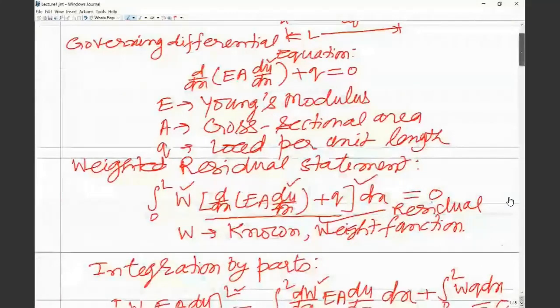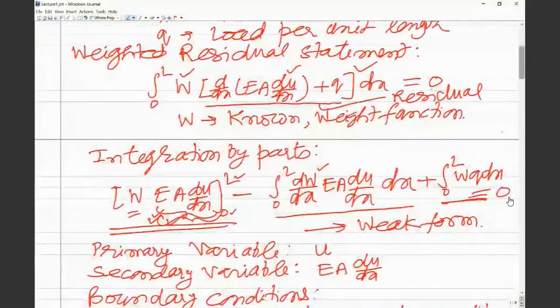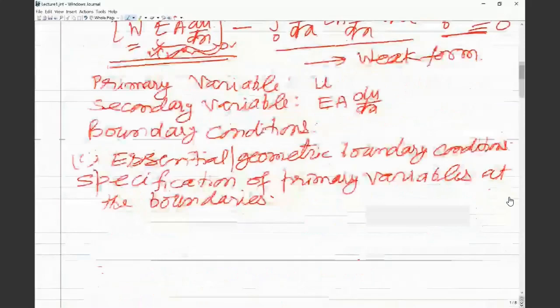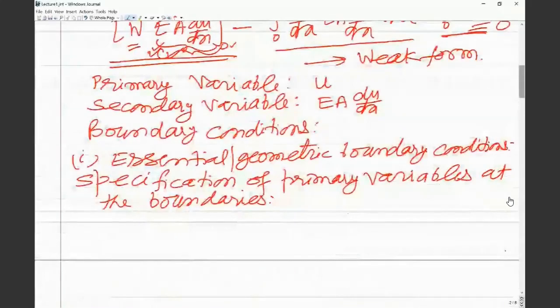That will happen if you have, let's say, a fourth order differential equation. When you arrive at the weak form, you will get two boundary terms. In one boundary term you will have w in the expression, and in the other boundary term you will have dw by dx. So there u will be a primary variable, and du by dx will also be a primary variable. I will take that as an example.